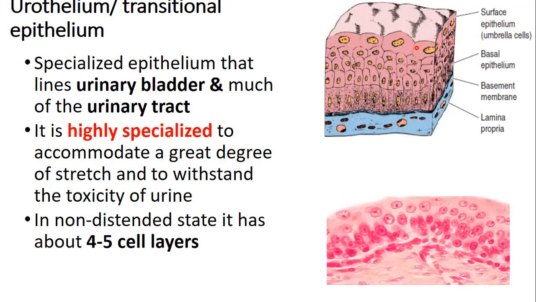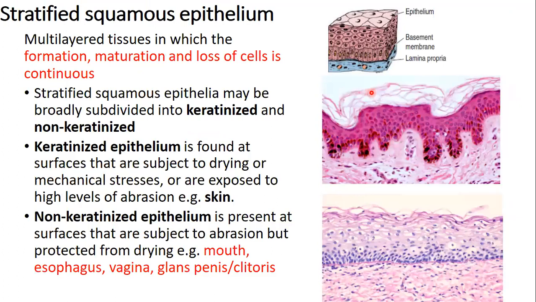Now, these cells, because they are broad apically and narrow basally, you see that one cell will be covering smaller cells underneath it. You didn't see that in stratified squamous. Look at this stratified squamous. One flat cell equals one cell below it.